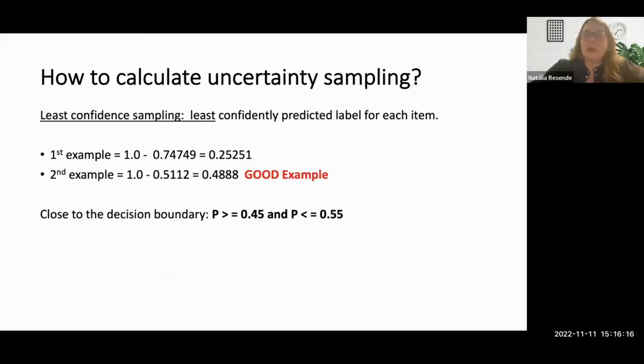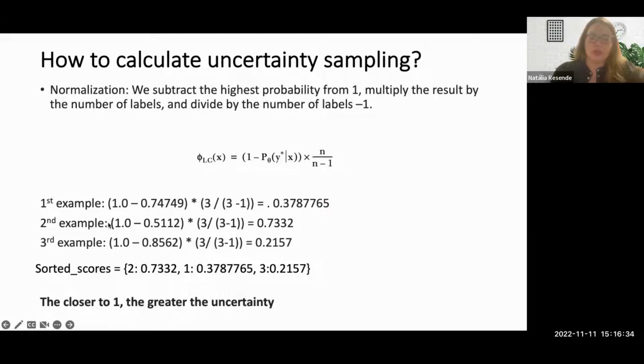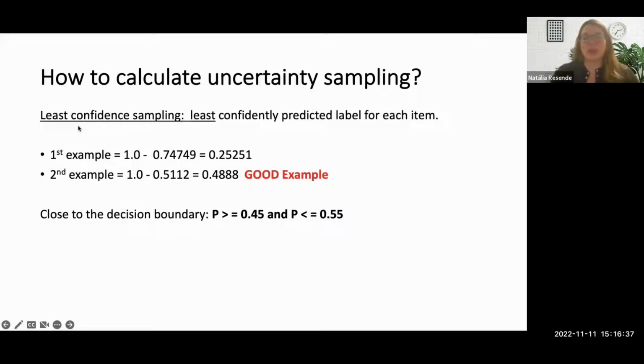So then, how to calculate this? Usually, we can, of course, just select the probabilities that are very close to the decision boundary. But usually what we do is subtract the highest probability from 100% confidence, which is 1.0. In the first case, it was 0.747. In the second case, it was 0.51.